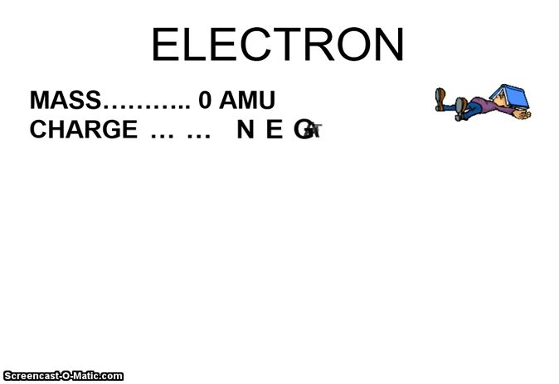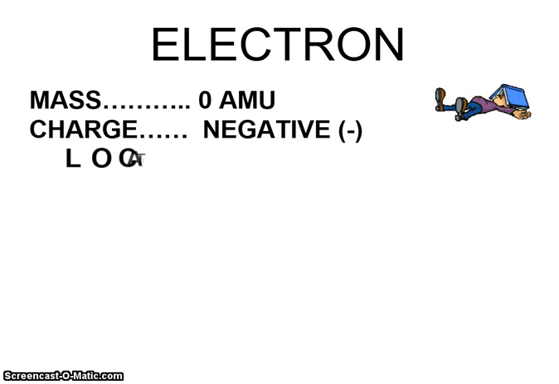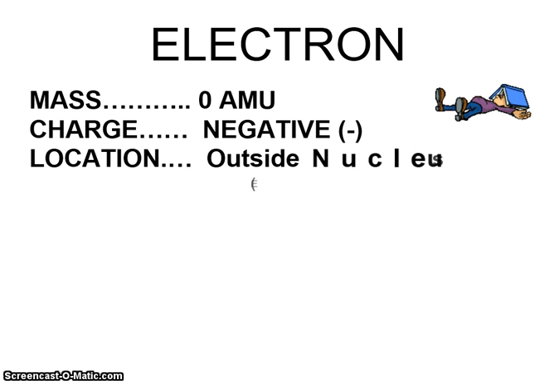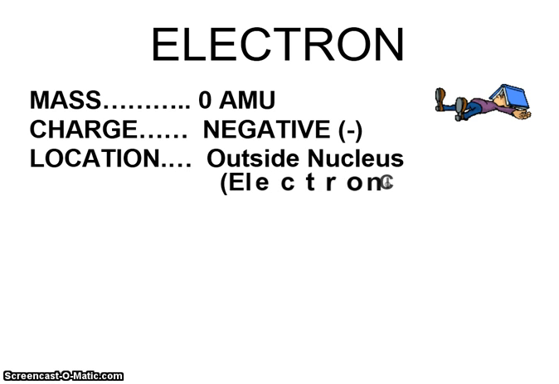Charge, negative. Location, unlike the proton and neutron, the electrons are not found in the nucleus. They reside outside the nucleus in a place that we will call the electron cloud. Also known as energy levels. Some people call them orbitals.